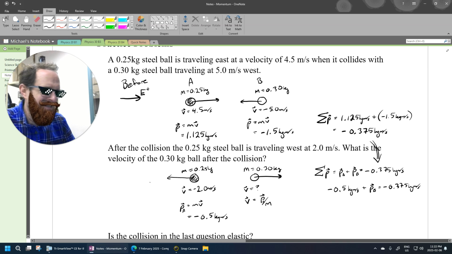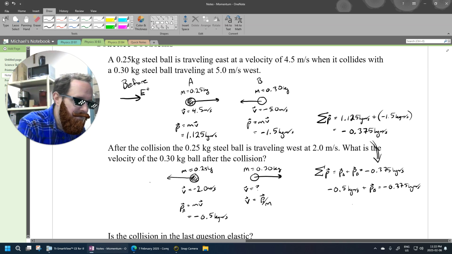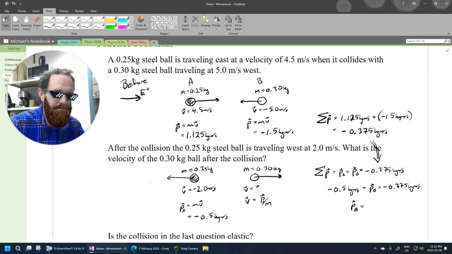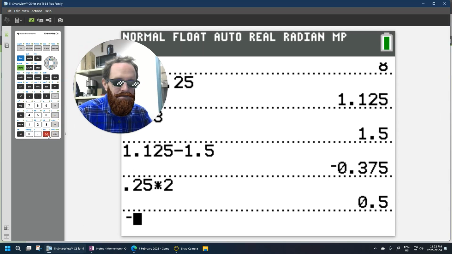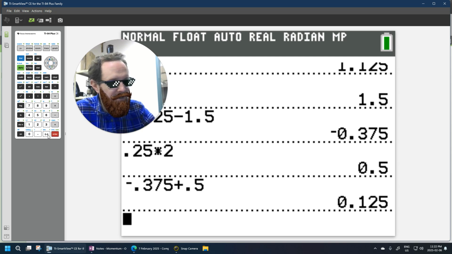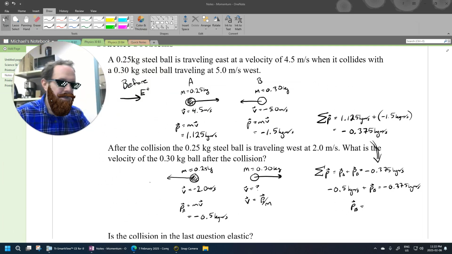You'll see eventually I'm going to stop writing the units out so much because kilogram meter per second is just kind of tedious to write out. But now I can move the things around here. I can solve for the momentum of B by adding over that 0.5. So I've got negative 0.375, and I'm going to add over this 0.5 that I just got. So I get 0.125.